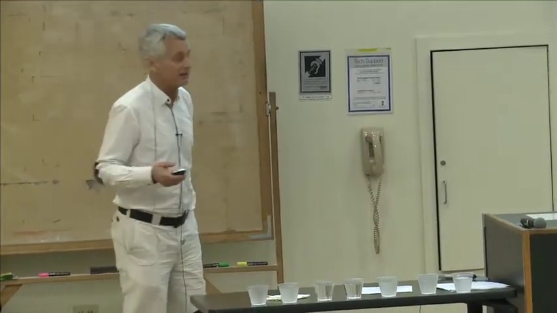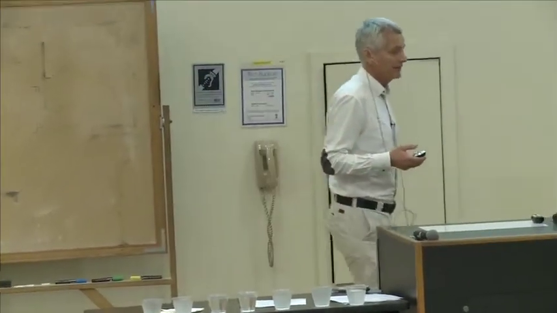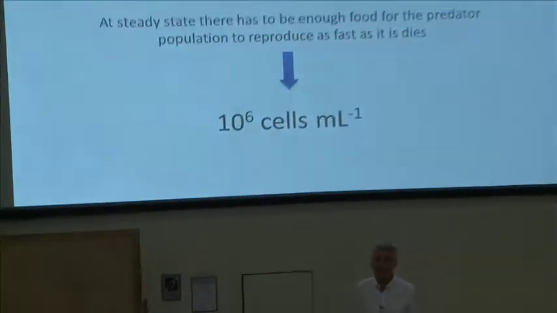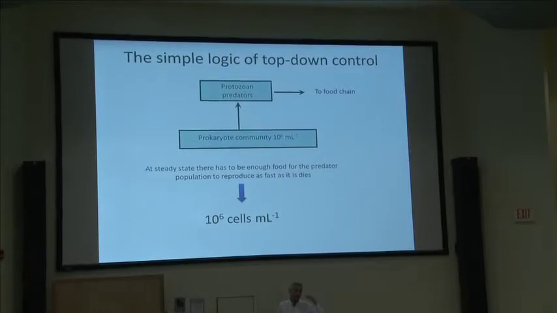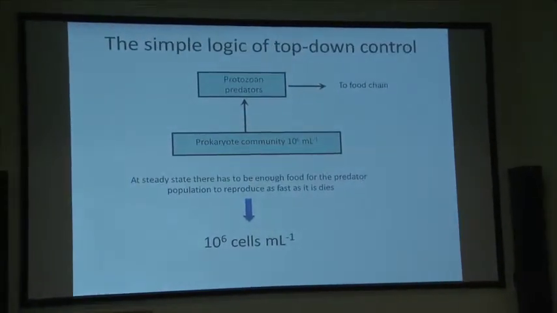To explain this, I have to go through the very simple idea of top-down control in an ecological system. This is an example with a predator and a prey. If you have the prokaryote community and you have protozoan predators that are non-selective, and the system is in steady state, there has to be enough prokaryotes for the protozoan predators to grow as fast as they die.